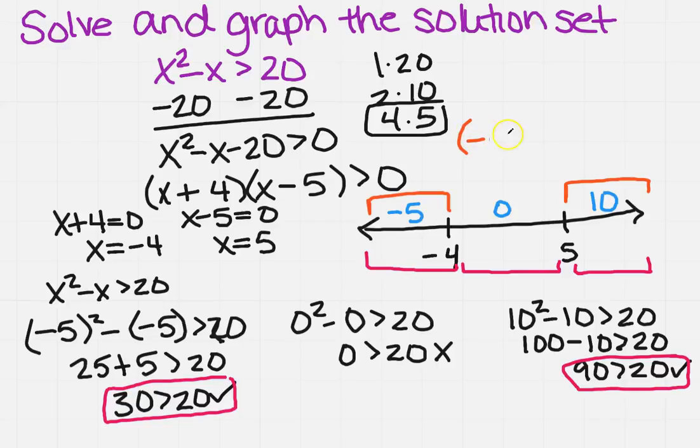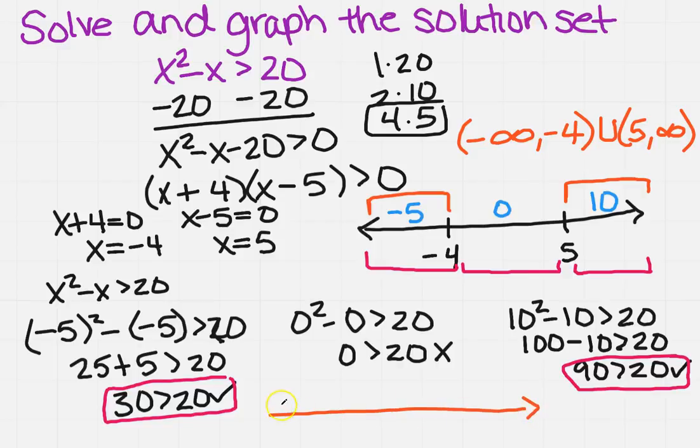That goes from negative infinity to negative 4, or it goes from 5 to positive infinity. So if I do that on a number line, I've got the minus 4, I've got the 5, and they're open, they're parentheses, correct? And then I can shade all the way to the left and all the way to the right.